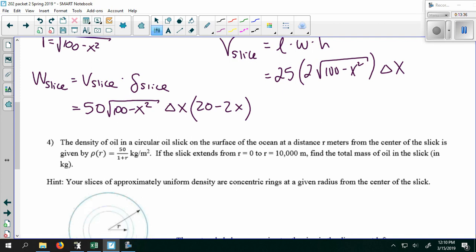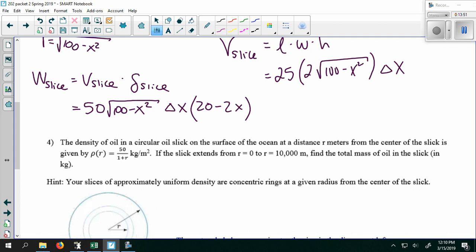So that's the weight of just a single slice. Then I have to get the weight of all my slices. So I take the sum, and then I take the limit as n goes to infinity of that sum. And I'm skipping a few steps here strictly because I'm out of room, not because you should.